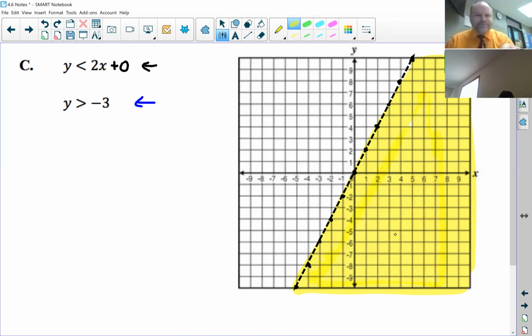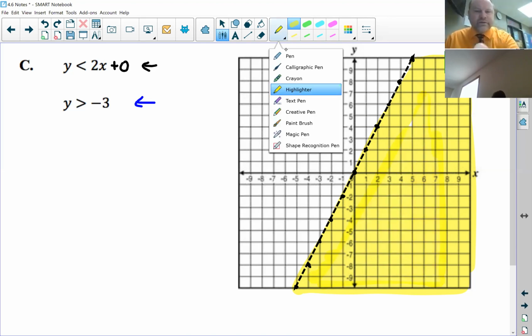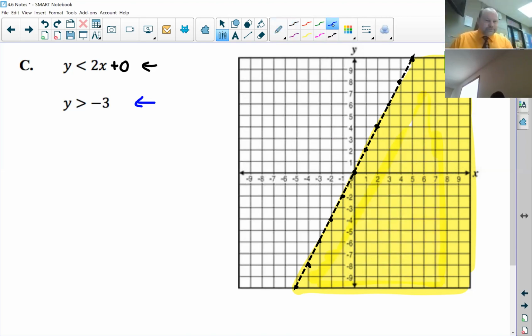All right. This other inequality, y is greater than -3. Notice there's no x. So you could think of it as y is greater than 0x minus 3. Anytime there's only one variable, we're either going to have a horizontal line or a vertical line.